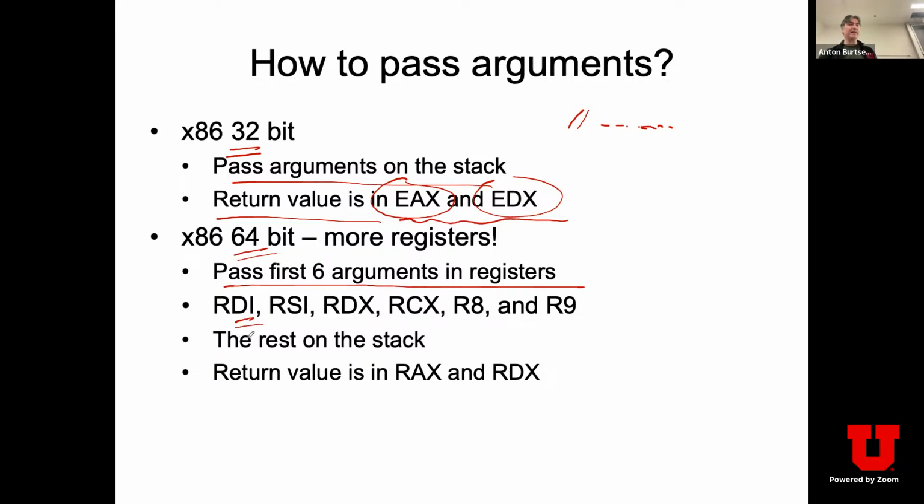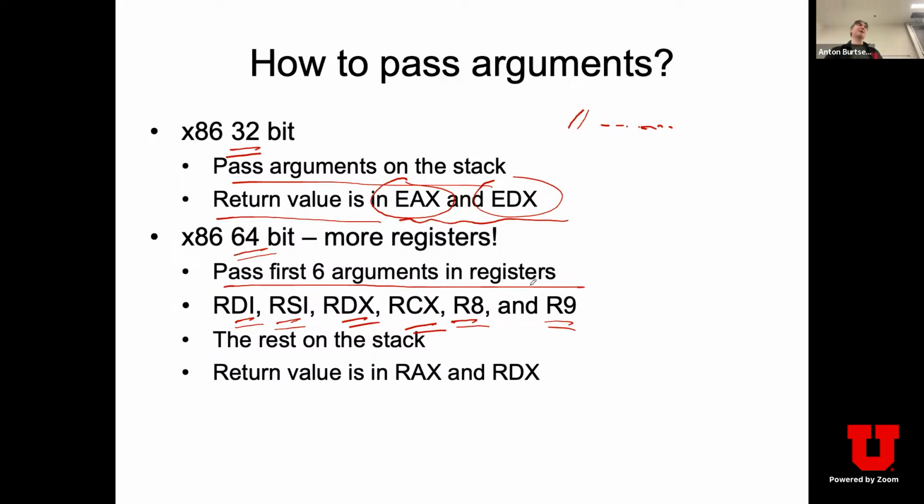Argument number 1 inside the register RDI. R stands for the 64-bit versions of these registers. Second argument inside RSI, third RDX, fourth RCX, and then they don't have any human readable names or fancy names for those registers above the 8th register. So they have R8 and R9, right?